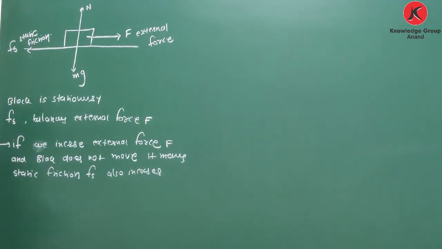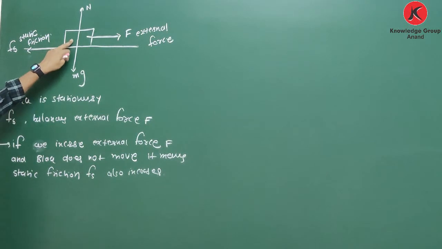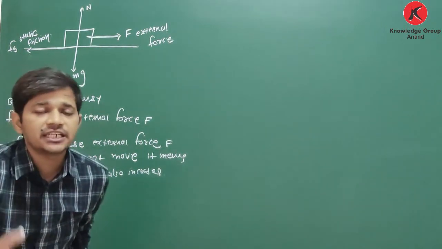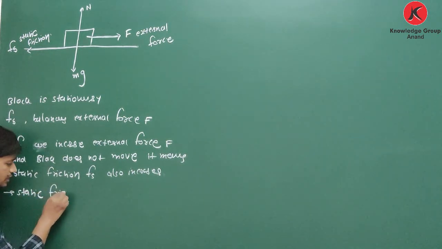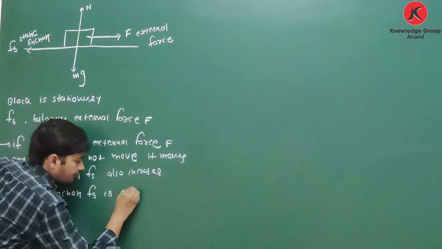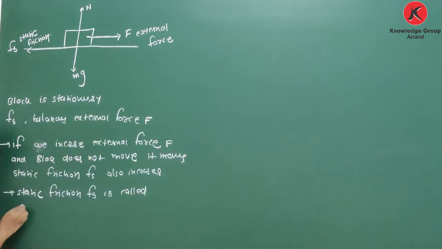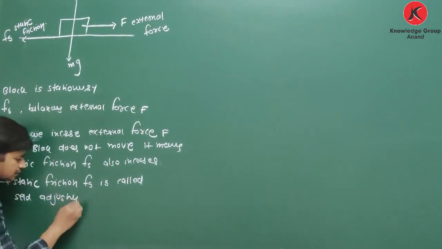Clear about this? Again, if I am applying more and more external force and this block is not moving, it means static friction in the opposite direction also increases. So yes, that's why this static friction Fs is called a self-adjusting force.